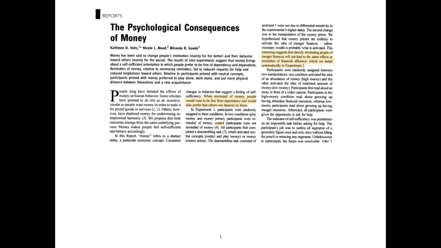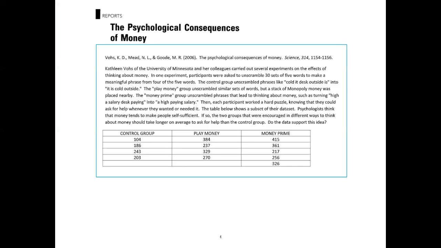So let's go through an example which we introduced in the last slide. In this paper, which is a real paper that we're going to use sample data for, people are divided up into 3 groups. They're randomly assigned to being in a control group, a play money group, or a money prime group. In the control group, participants work difficult puzzles, and they know that they can ask for help whenever they want or need it, but they have no other information.